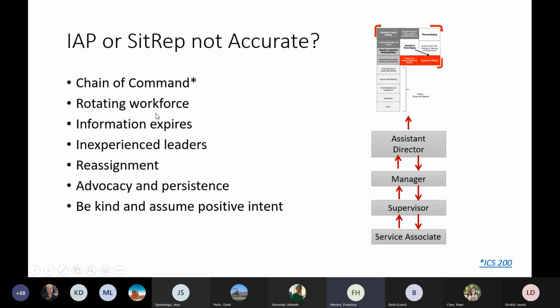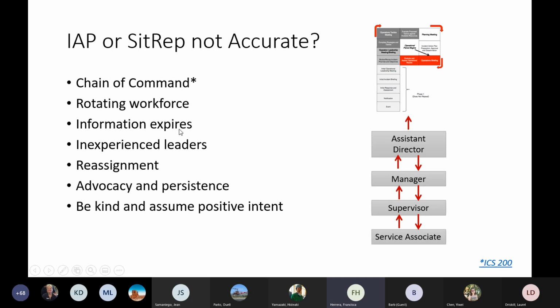And sometimes information can get lost in that transition. So it's really helpful if you are briefing someone that's coming in for the first time, to really walk them through how you ensure information's flowing to their appropriate people.